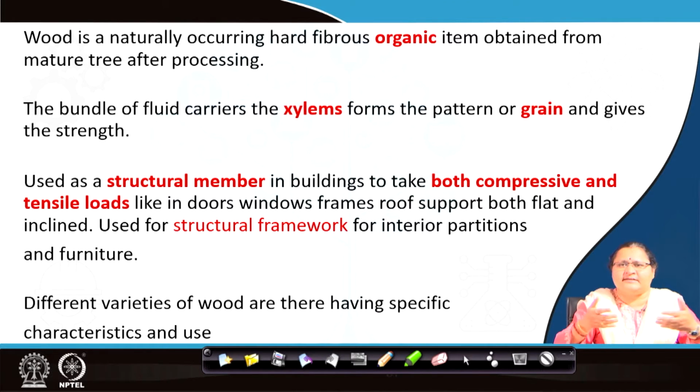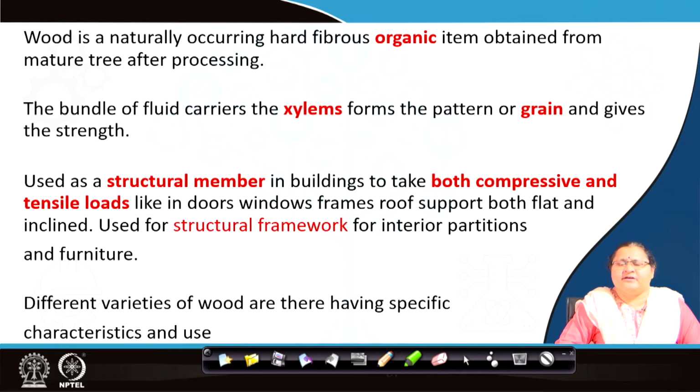The continuous bundles inside help in taking the tensile load. So, wood can be used as a spanning material and as a compressive material. It can be used as a structural framework for partition walls, where the infill may be made of plywood, which is another processed wood.